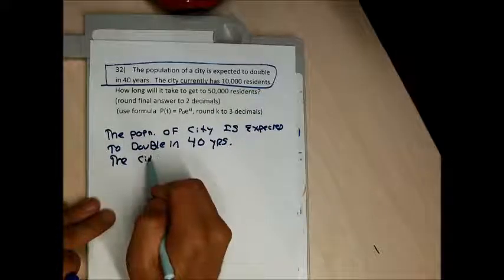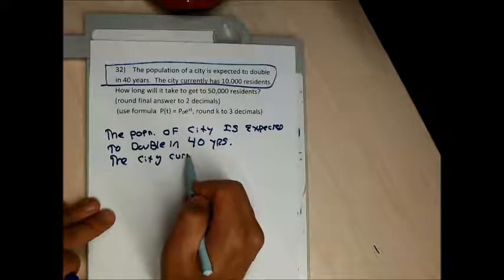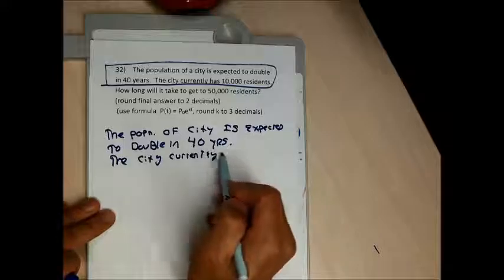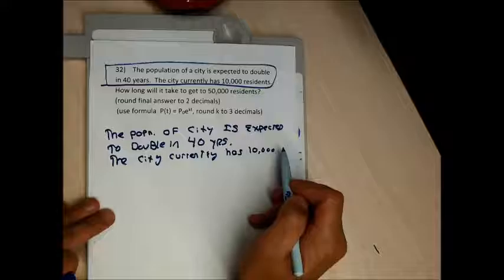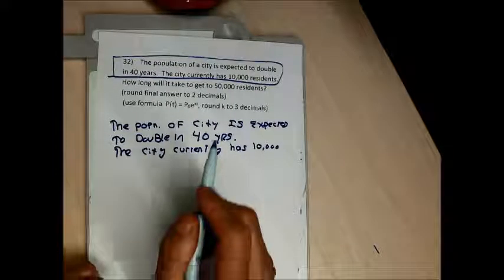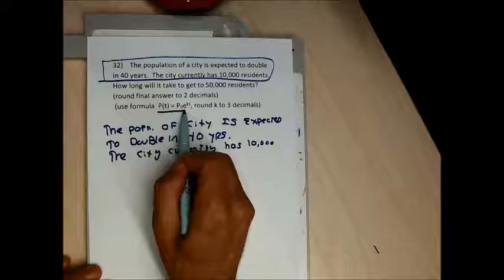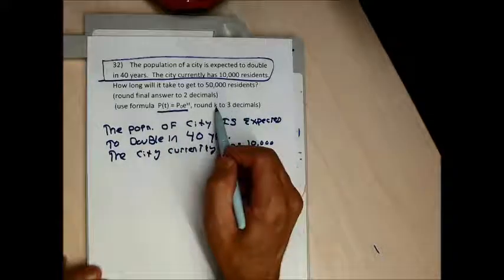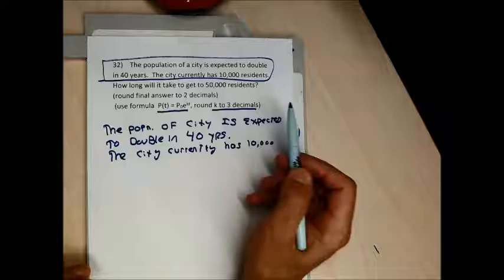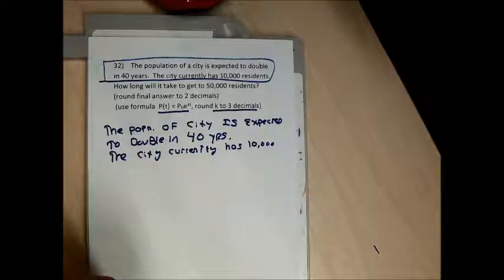The city currently has 10,000 residents. What I'm going to do with those 2 sentences is use them in conjunction with that formula that we'll talk about to get a value for, in this case, k, which is equivalent to the r, the growth rate.